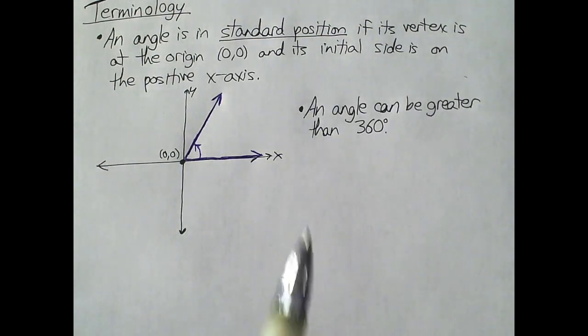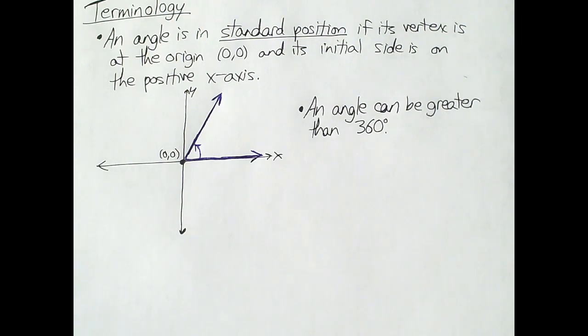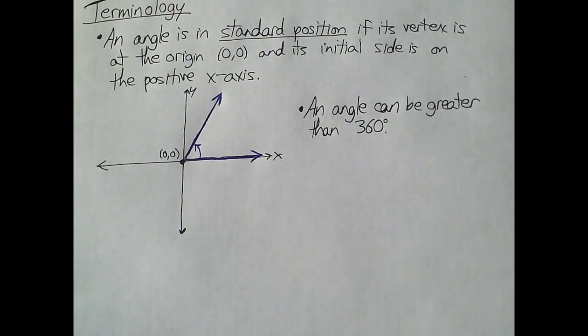By the way, I want to tell you something. Our discussion of angles in this class might be a little bit different from the way you discuss angles in a geometry class. It actually turns out that definitions might be slightly different.